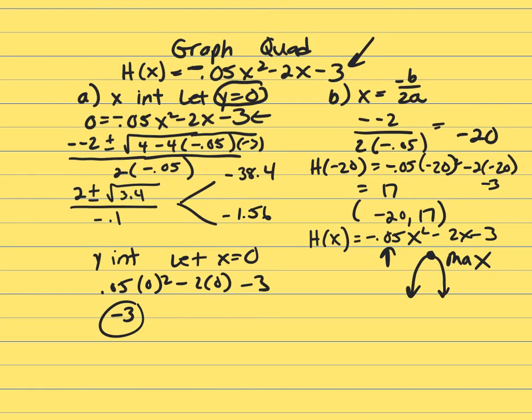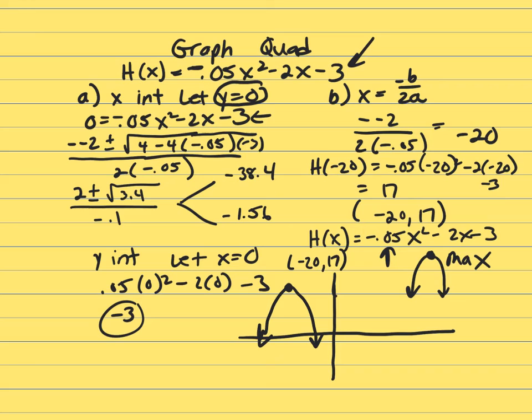And then I'll quickly do them. We know our vertex is negative 20, 17. So I'm just going to make that up and say it's over here, okay? And your parabola opens down. Just a rough graph, okay? And this ordered pair is negative 20, 17.